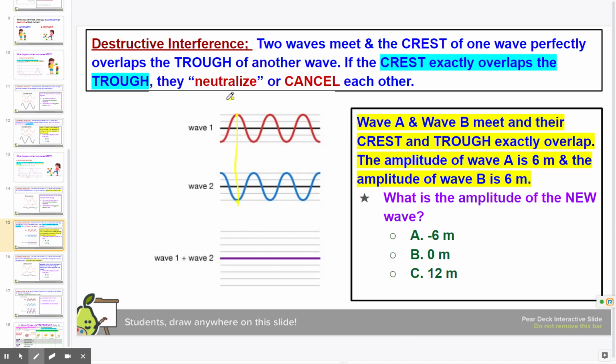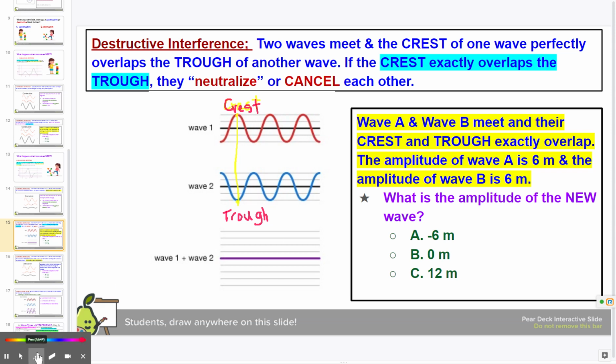Okay, so this is the crest. Crest and the trough overlap. Crest is the high point, the trough is the low point. So we have destructive here. And our question says, wave A and wave B meet and their crest and trough exactly overlap.